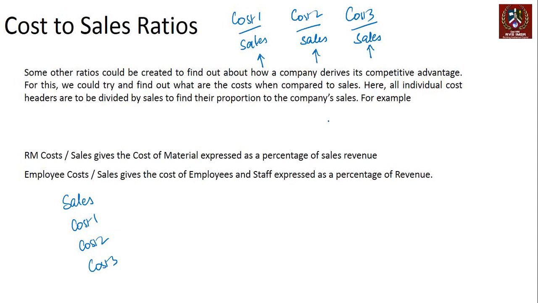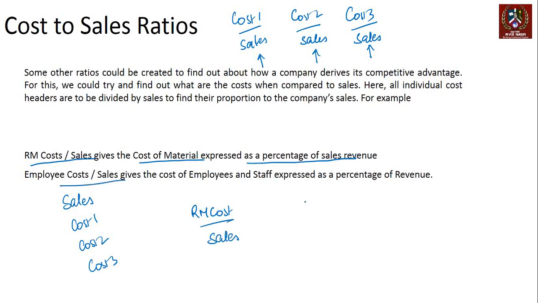And how does that help us? It talks about what is the key cost driver for a company, right? So for example, raw material cost by sales gives the cost of material expressed as a percentage of sales revenue. So the first cost could be raw material cost, so RM cost divided by sales, right?